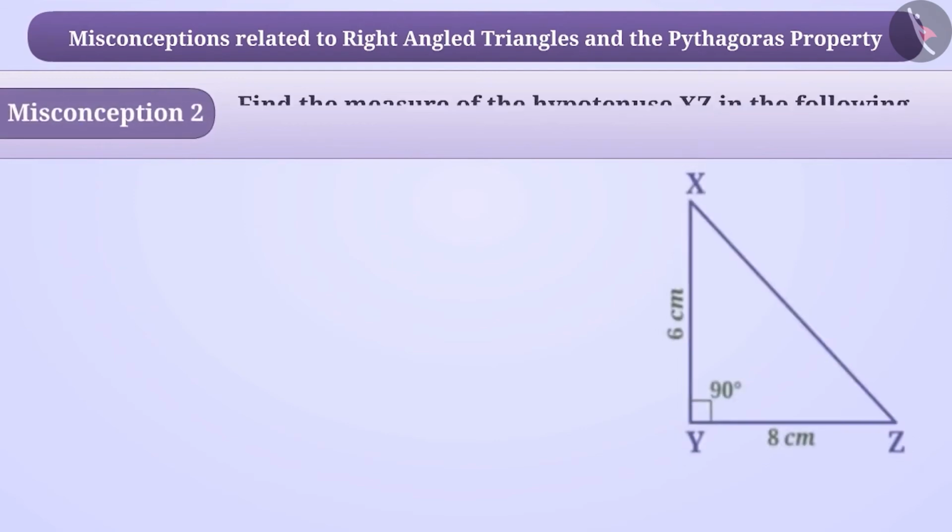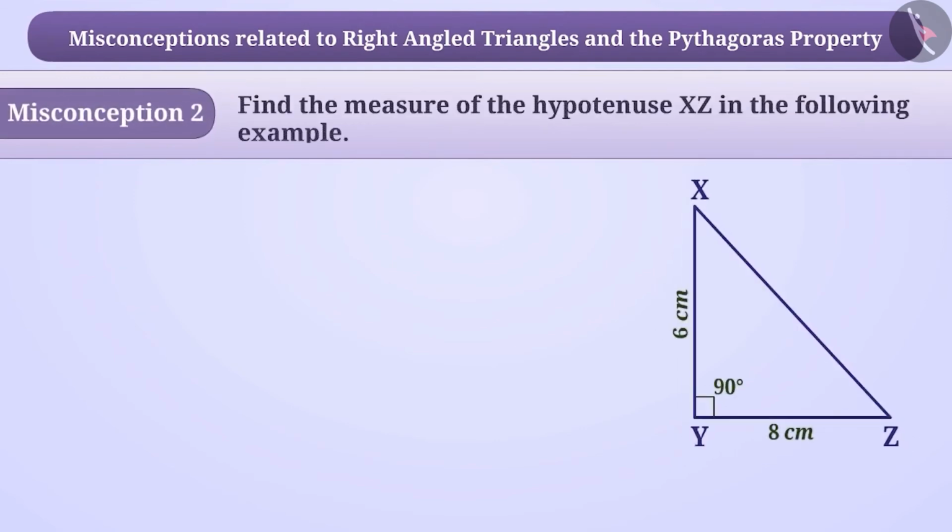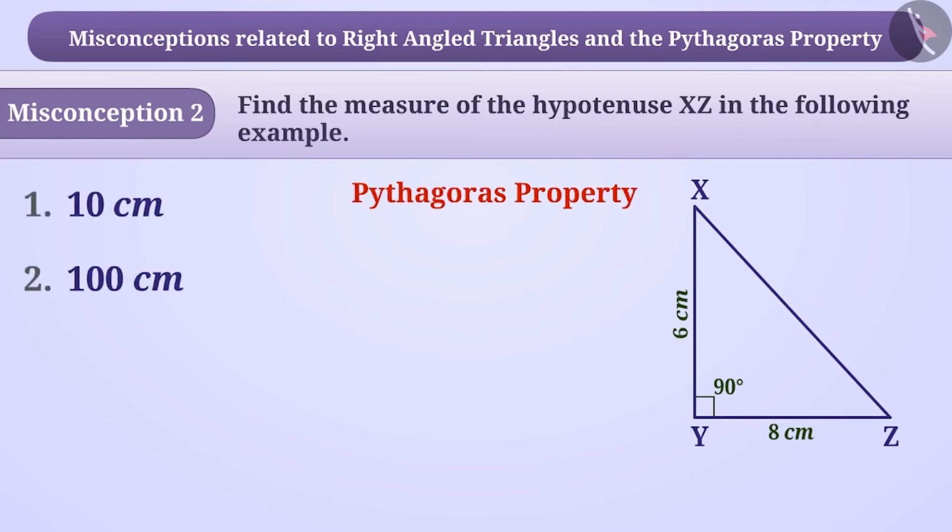Misconception 2. Find the measure of the hypotenuse XZ in the following example. Some children simplified using the Pythagoras property. XZ square is equal to XY square plus YZ square.